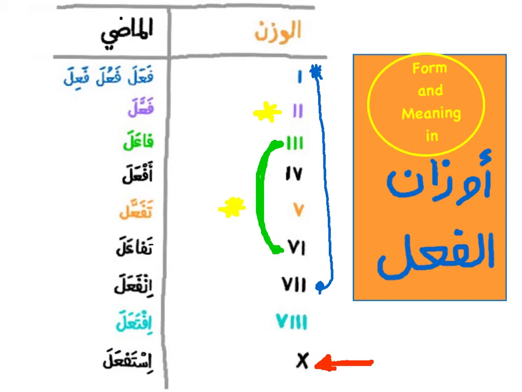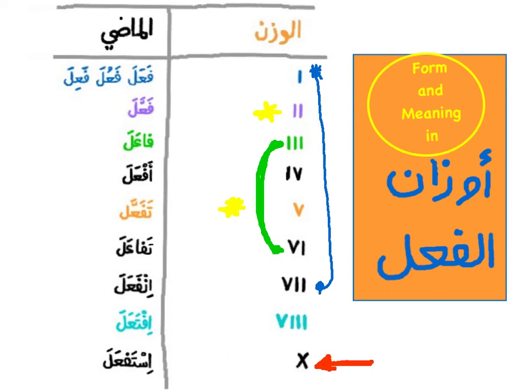So between 1 and 2, you can see they're similar to each other, but 2 has shadda. Shadda on 2 means that the meaning of 2 is the same as 1, with 2 being more intensified, with an emphasis of an action in 2 more than 1.